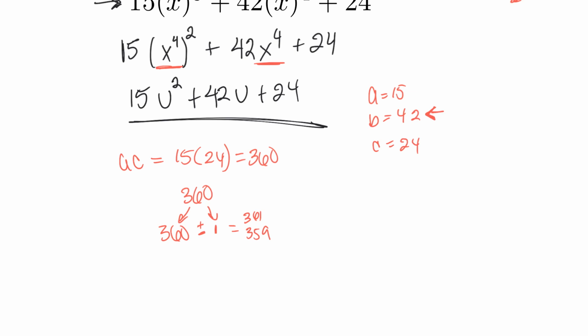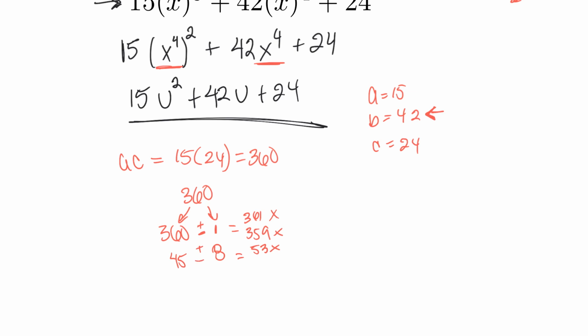So maybe let's try 8. To what number do I have to multiply 8 to get 360? To 45. If I add 45 to 8, I get 53. That's not good.